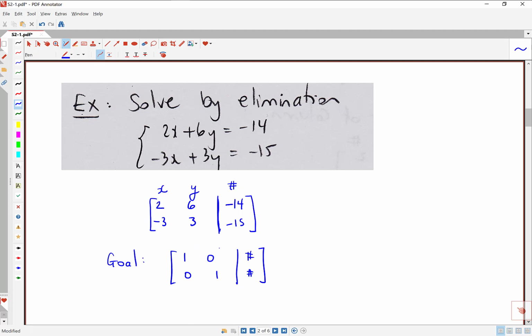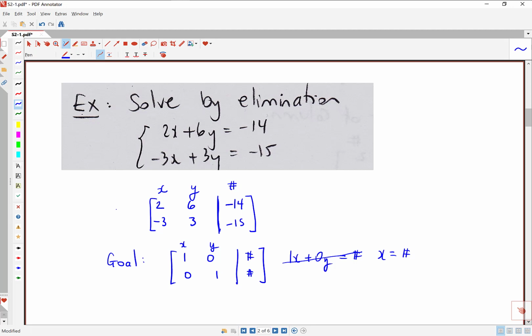The reason we're aiming for this is that if we think about what this top equation reads as, if we put it back in the form of an equation, it would look like 1 times x plus 0 times y equals whatever number we have on the right side. In other words, that's just allowing us to read off the value of x. And in a similar way, the bottom row is allowing us to read off the value of y.